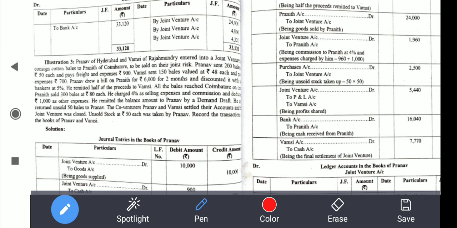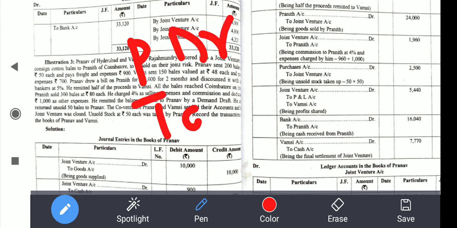Please tell me the stock journal entry. Anyone? So the general stock entry: purchase account debit to joint venture account. This is the general entry for unsold stock taken up.